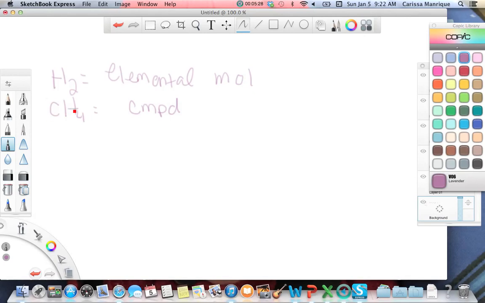So are these nonmetals, or is it a metal and a nonmetal? If we look on the periodic table, these are all nonmetals. Hydrogen is sort of one of those exceptions. Think about hydrogen. Hydrogen is a gas. It's not a metal. So just think about that in an intuitive way. Even though it's on the left side of the periodic table, it's not a metal. So this is a compound molecular.